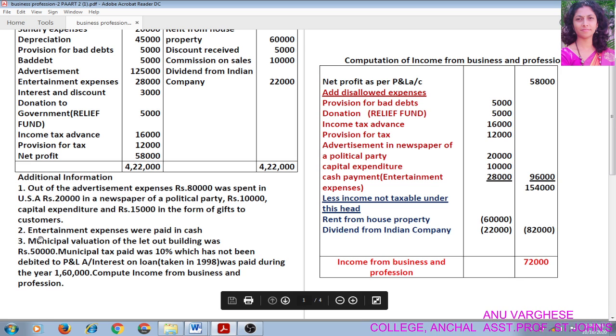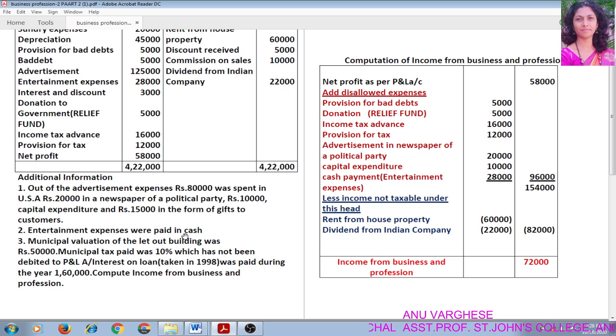So here it is stated that entertainment expenses were paid in cash. So let us see the figure. Entertainment expense rupees 28,000. That means it exceeds rupees 10,000. So the entire figure is disallowed. So write here cash payment, in bracket you can write entertainment expenses 28,000.